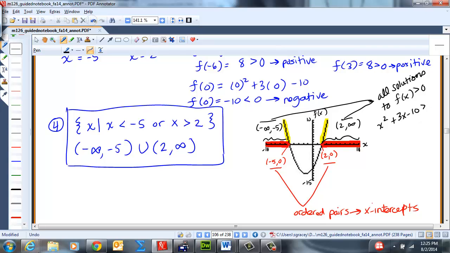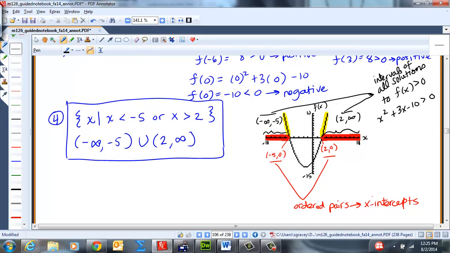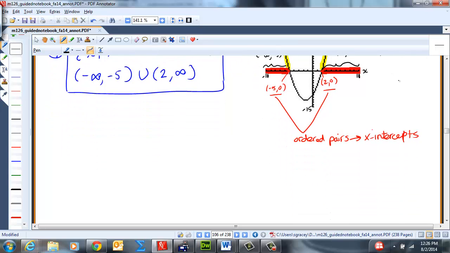Whoa. Okay? So pretty cool stuff there. And I'm going to say intervals of all solutions to that inequality. Okay, so there we go.